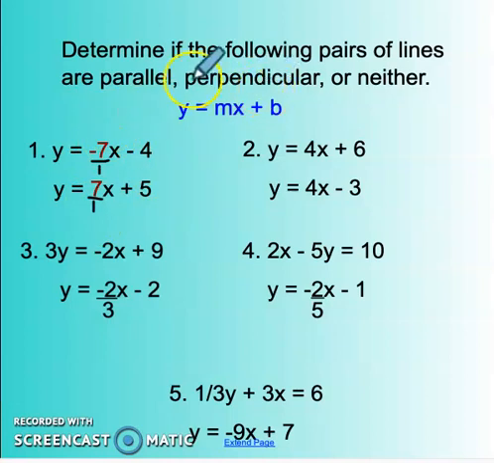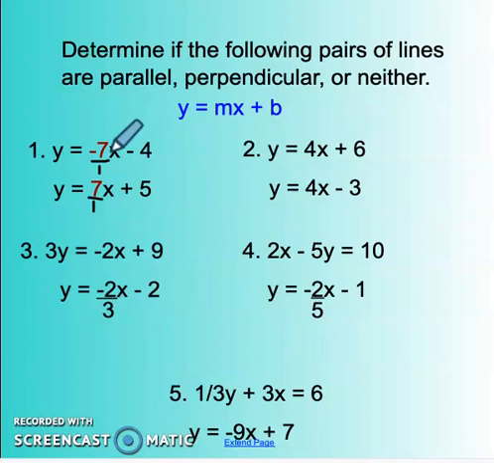No. Now for perpendicular, they need to be completely opposite. That means they have to be the opposite sign. Which these two are, like this one says -7 and this one says +7. So they are opposite of each other on a number line. However, they also have to be a reciprocal of each other.